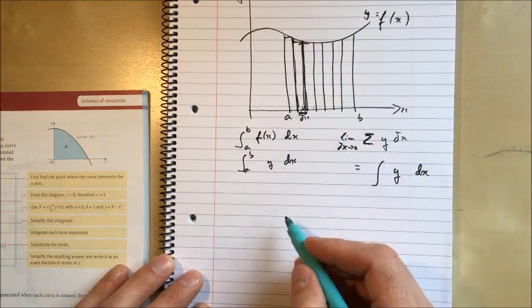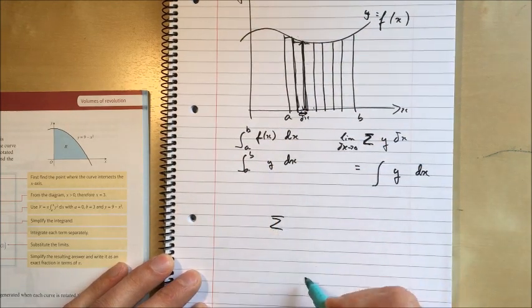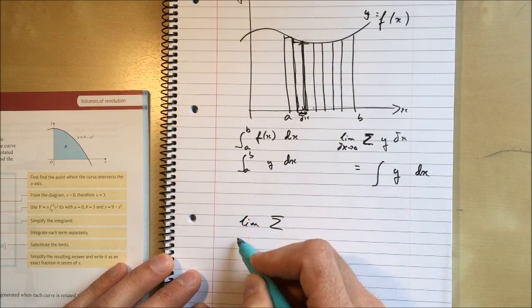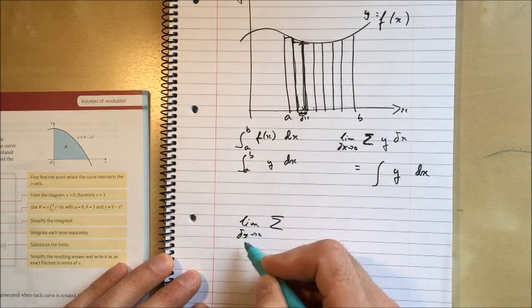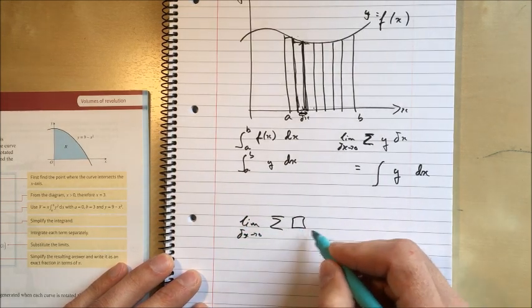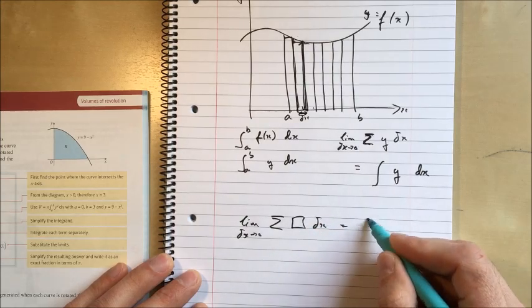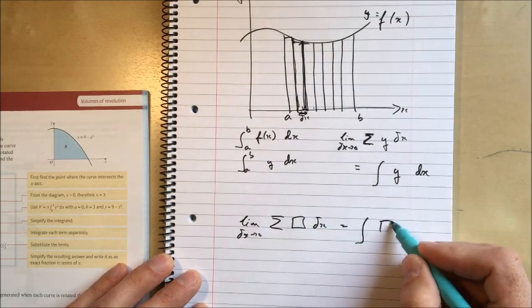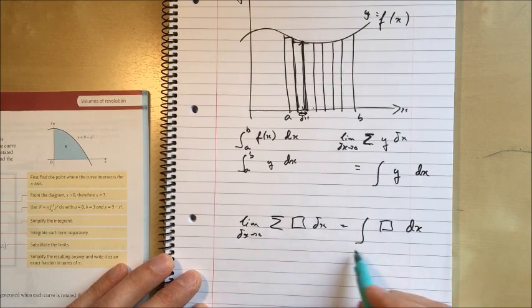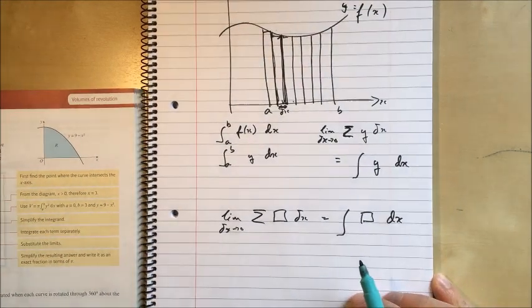So what's important there is that we pick out this fact, that the limit as delta x tends to 0 of something or other times delta x is also the integral of that thing with respect to x. That's kind of one way of thinking about what an integral is, okay?